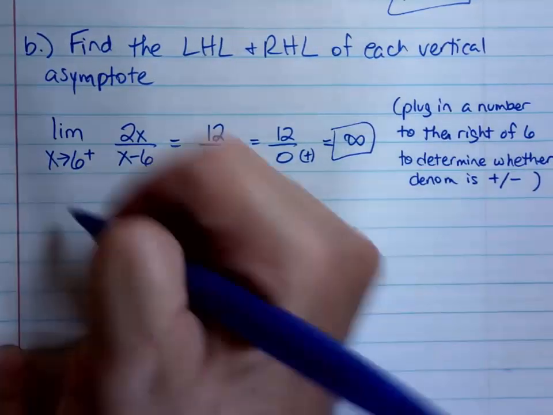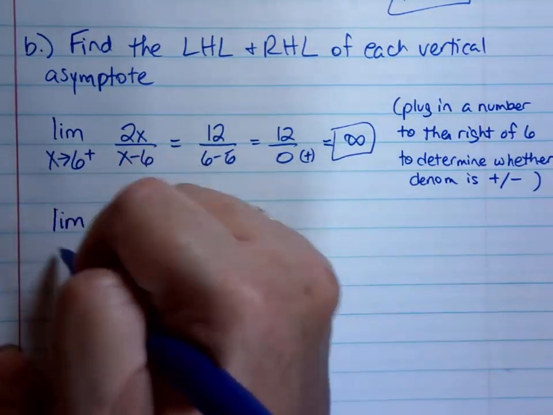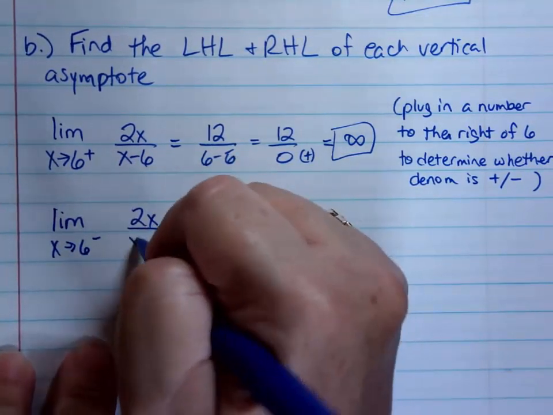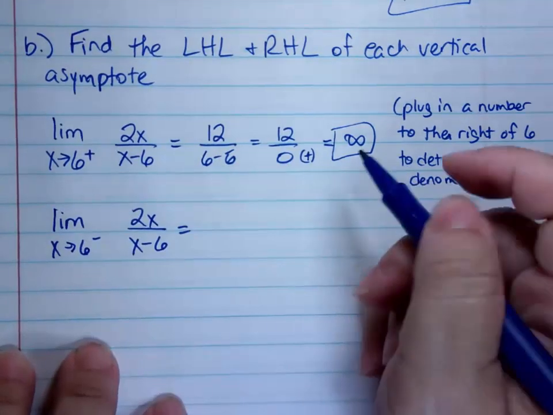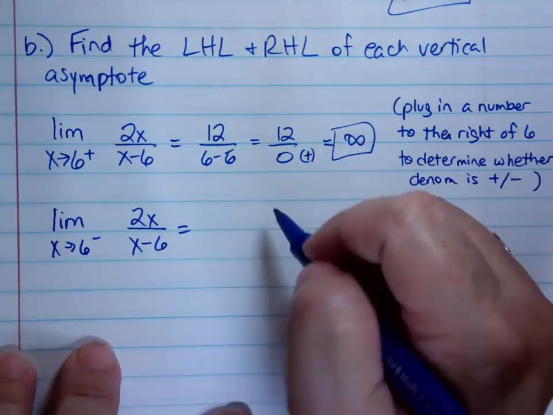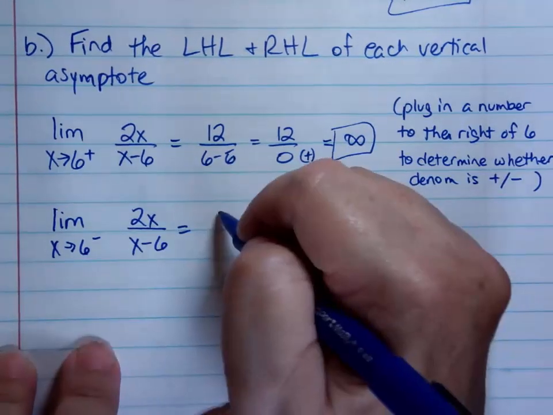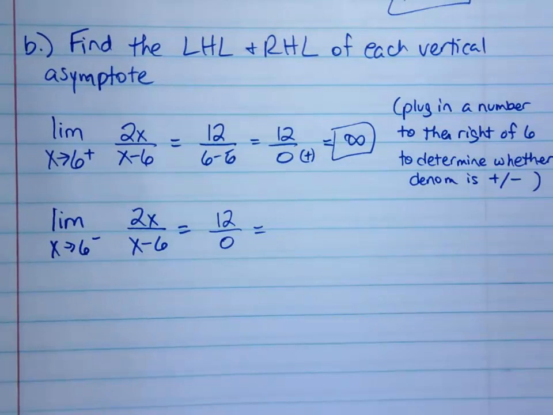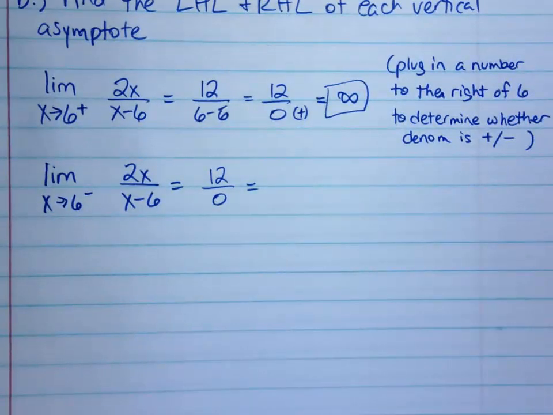Okay? Now let's do the same thing for 6 from the left. 2x over x minus 6 equals. Now we're immediately substituting, so we don't need to write limit again. So it is 12 over 0. But what really is that 0? Is it a positive tiny number or a negative tiny number?